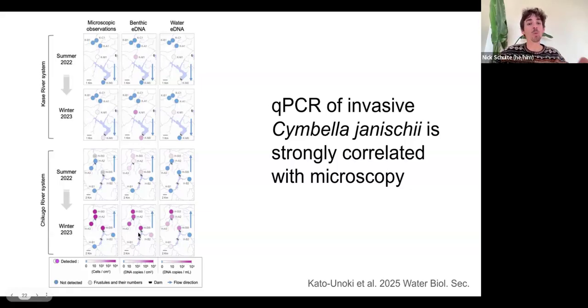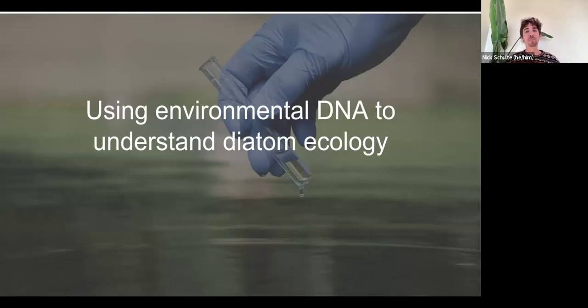So it's great, and in some cases you also got a little extra sensitivity compared to microscopy. But why use qPCR instead of microscopy? The reason would be the turnaround time. It can take only a week or two to do the qPCR, and cost maybe $50 a sample at a commercial rate.